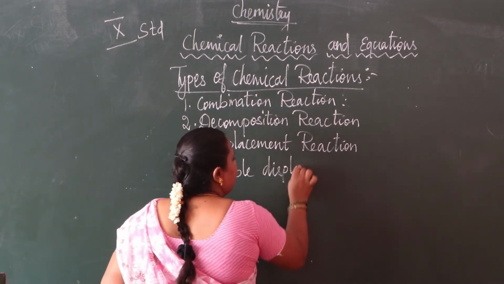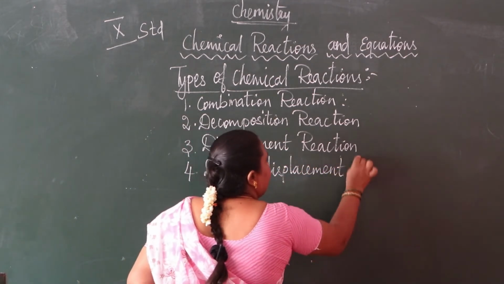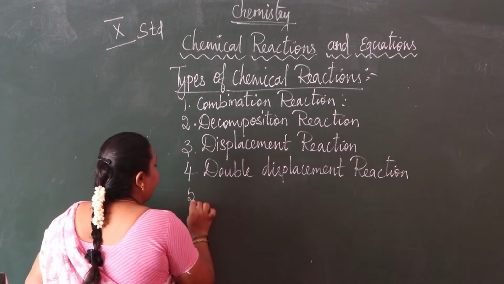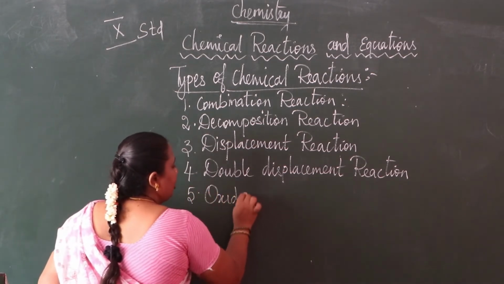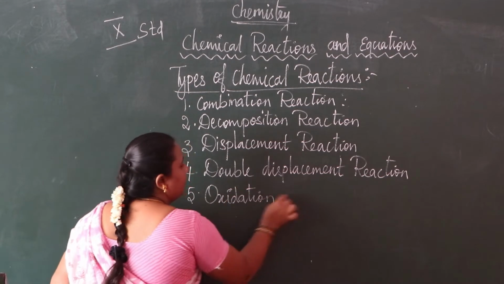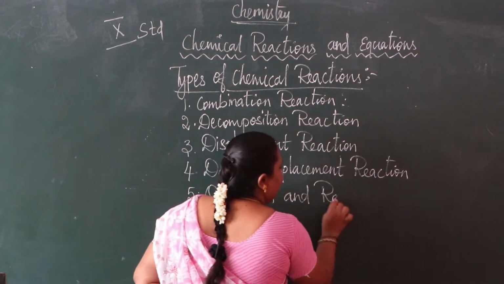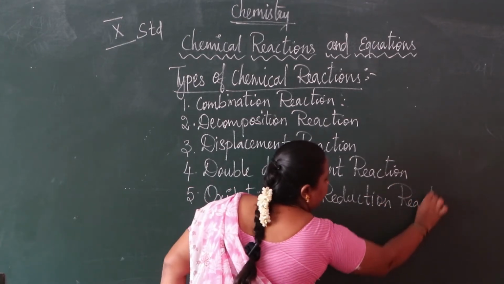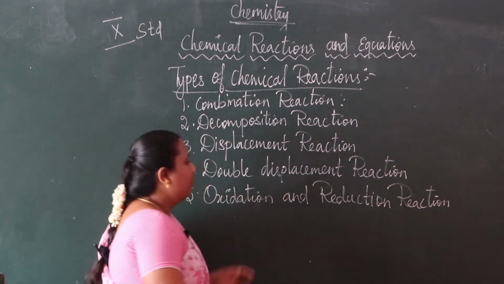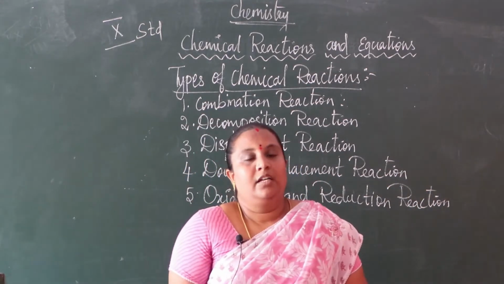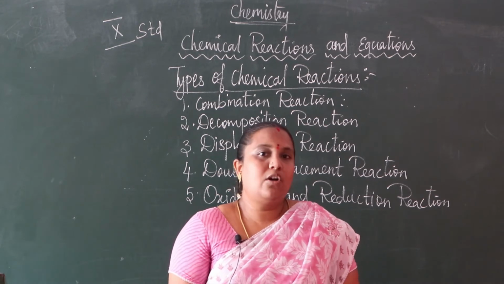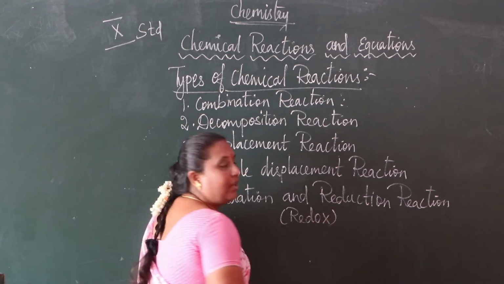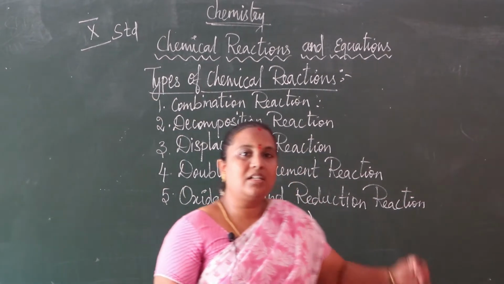Then the fifth one is oxidation and reduction reaction. This oxidation and reduction, when you see it in a single reaction, we can say it is a redox reaction. So we saw what is combination reaction.